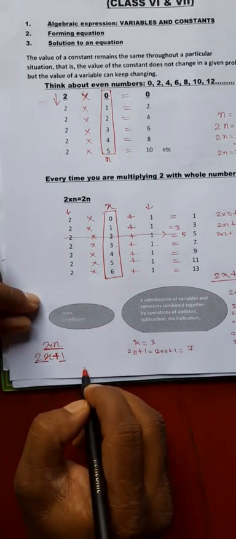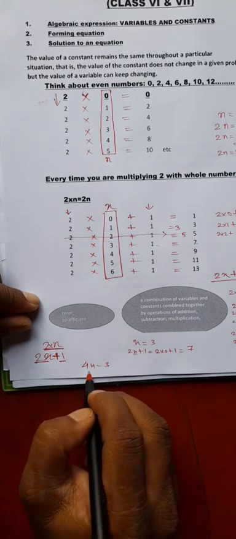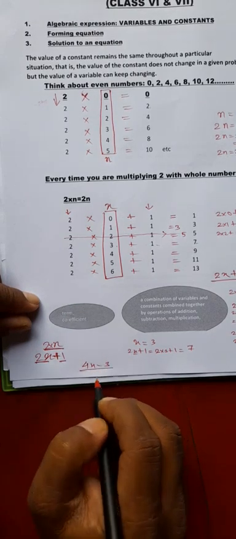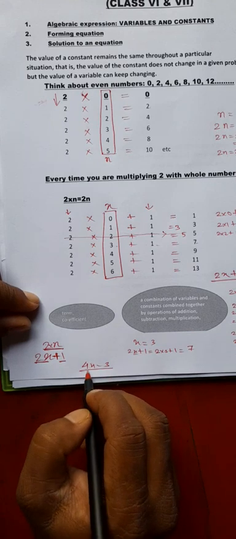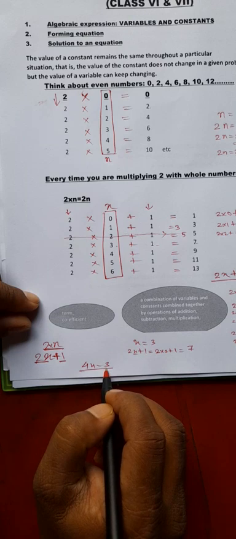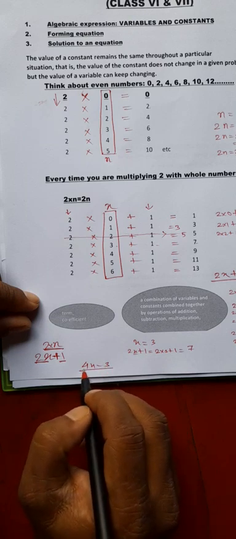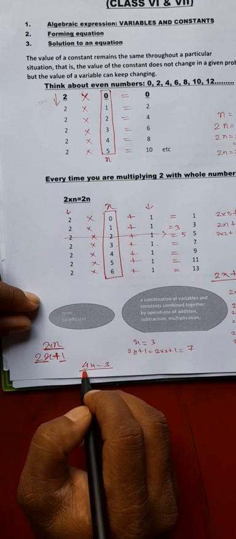So if you write 4x minus 3, it's a binomial, an algebraic expression with two terms, and the coefficient of x is 4. Here the constant term is 3. 4 is also a constant, but here 4 is the coefficient.